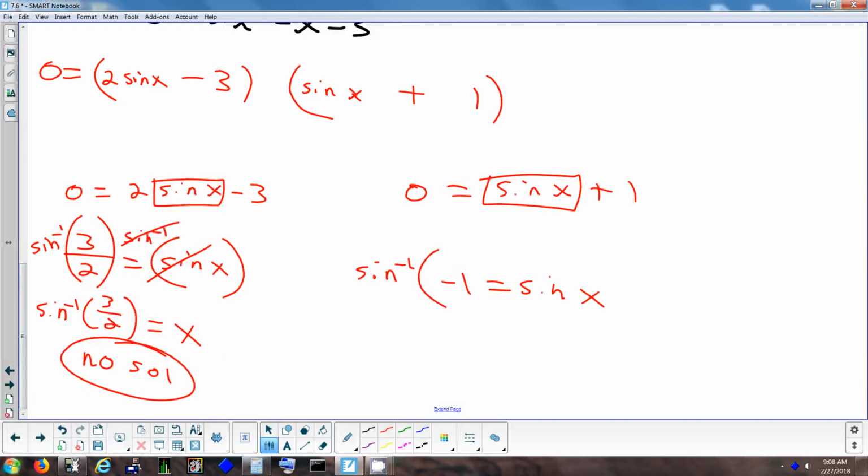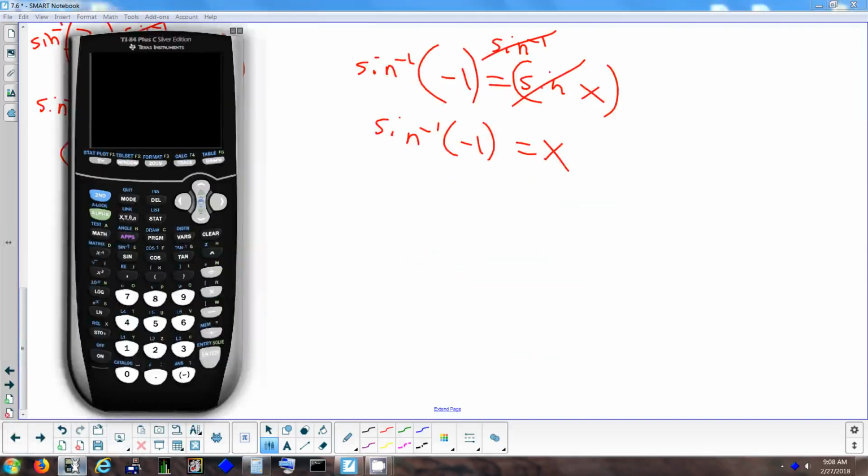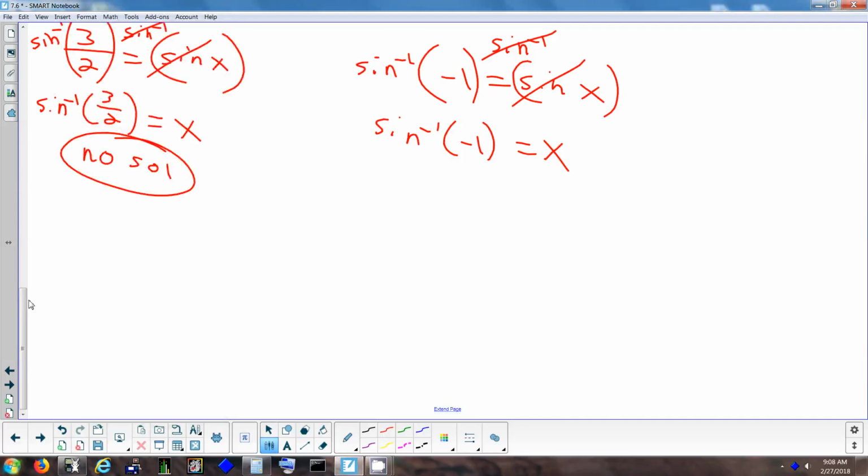How do you find it? Do the same thing we did on the other side. So inverse sine, regular sine cancels. And now this is one that luckily, well, I don't need my calculator now, but I can just think about where the graph hits negative 1. So in my head, I just kind of quickly picture this and ask myself, where is that point?